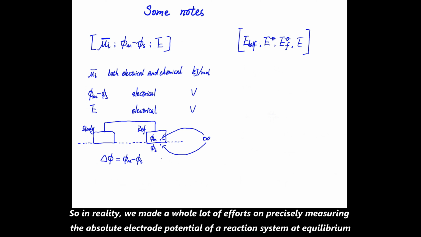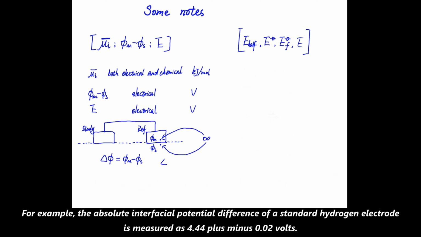So in reality, we made a whole lot of effort on precisely measuring the absolute electrode potentials of a reaction system at equilibrium. For example, the absolute interfacial potential difference of a standard hydrogen electrode is measured as 4.44 ± 0.02 volt.